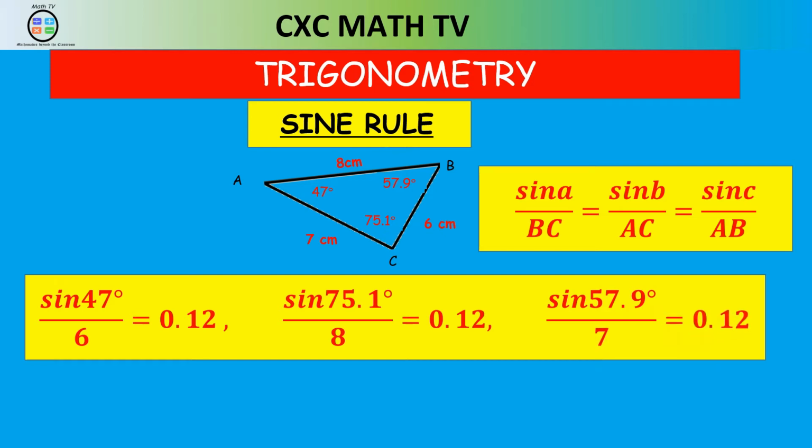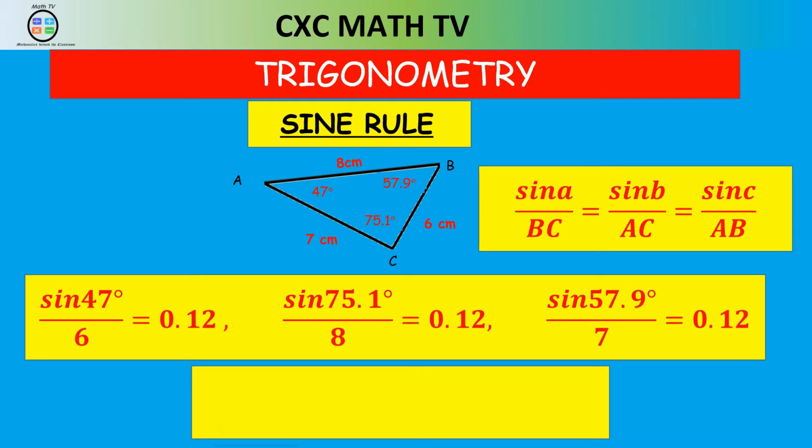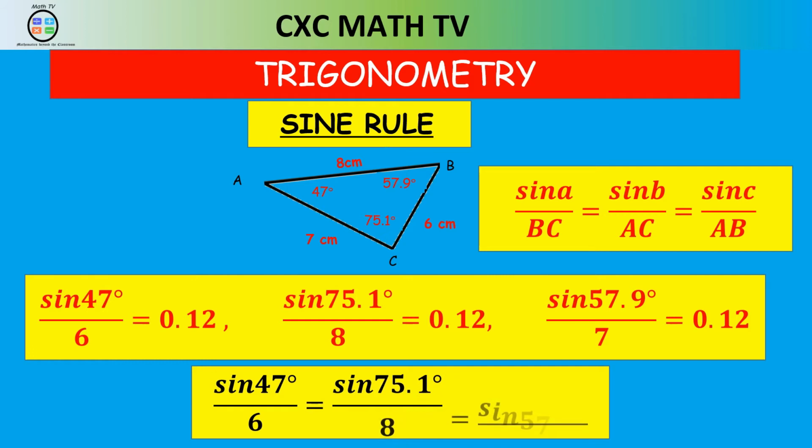Now the sine of 57.9 degrees, the side opposite to it is AC, so divide by 7. You get 0.12 again. So we notice that the sine of 47 degrees over 6 is equal to the sine of 75.1 degrees over 8, and that's equal to the sine of 57.9 degrees over 7. They're all equal. That is the sine rule.